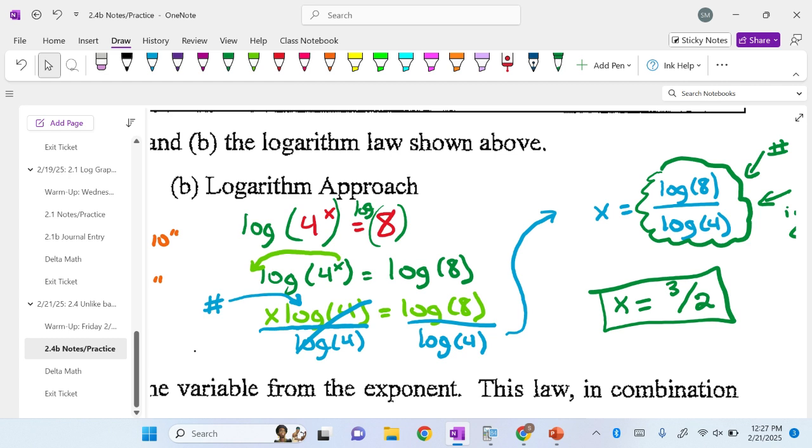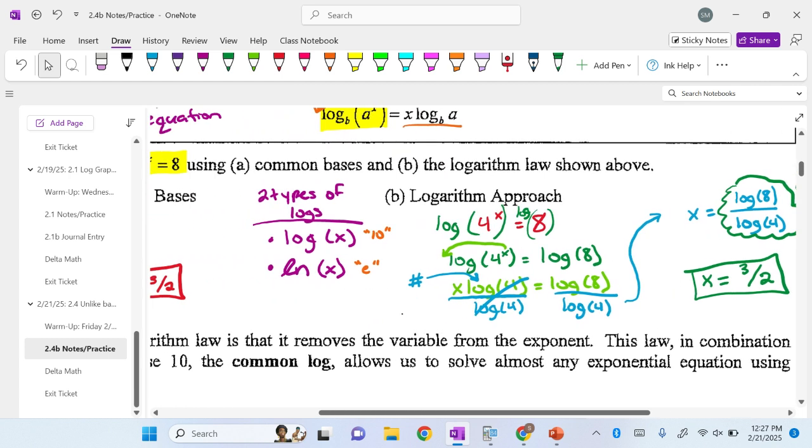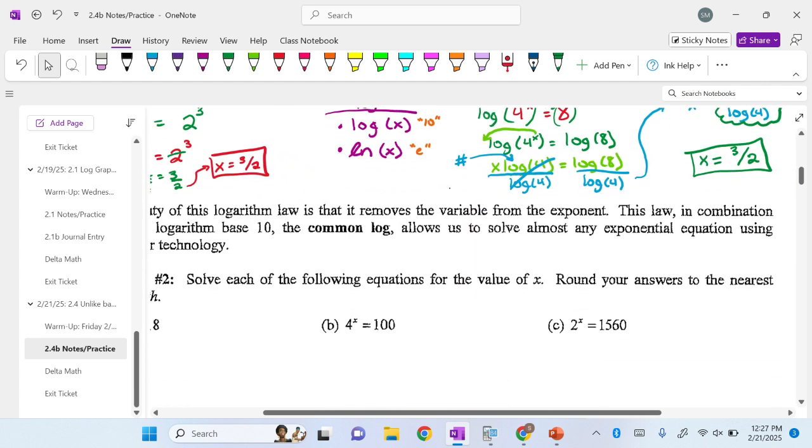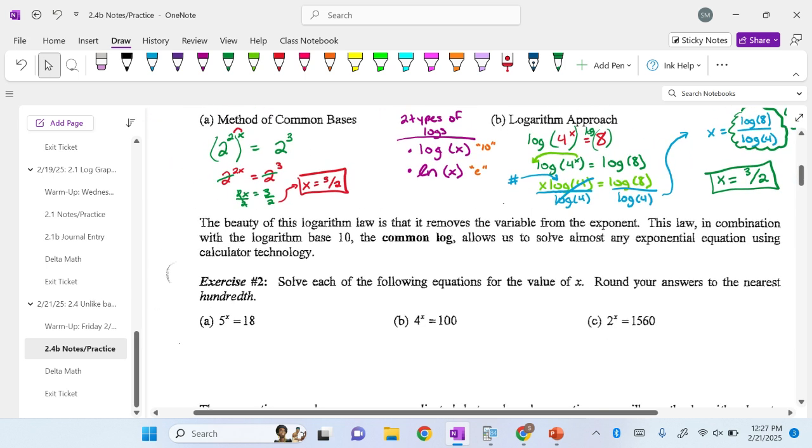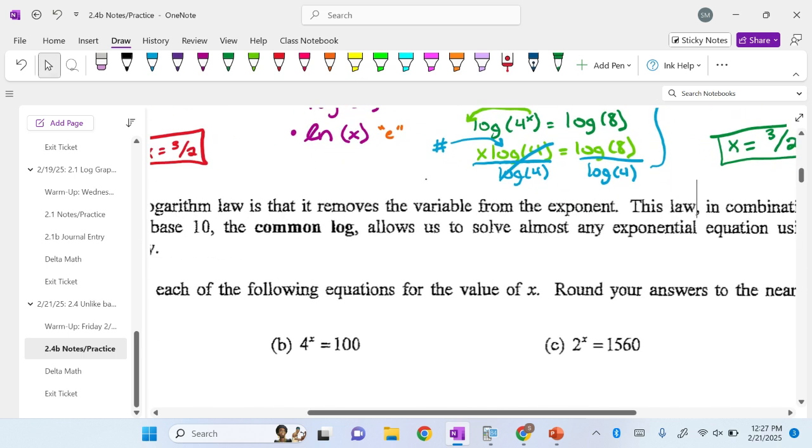All right. Now, that was just to show that either method works. And again, the logarithm law removes any variable from the exponent. That's why we want to take the log of both sides, because we want to get that variable out of the exponent. And the only way we can do that is by using either common log or natural log. Honestly, you can use any type of log as long as the bases are consistent.